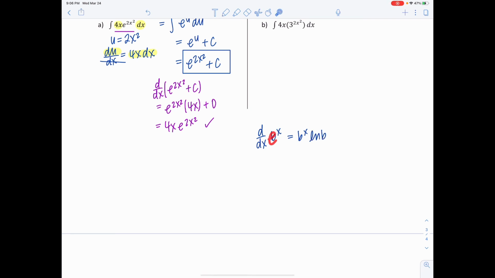If it were e, it would be itself times ln of e, but ln of e equals 1, hence the ln of b part is unnecessary if and only if the base is e. If the derivative of b to the x equals b to the x ln b, that means the integral of b to the x ln b dx, take a moment and think about what that should equal.